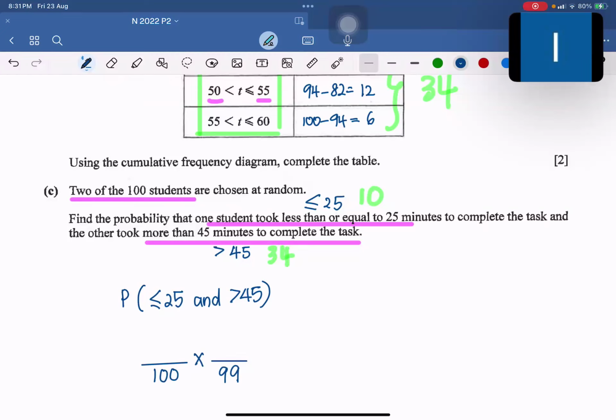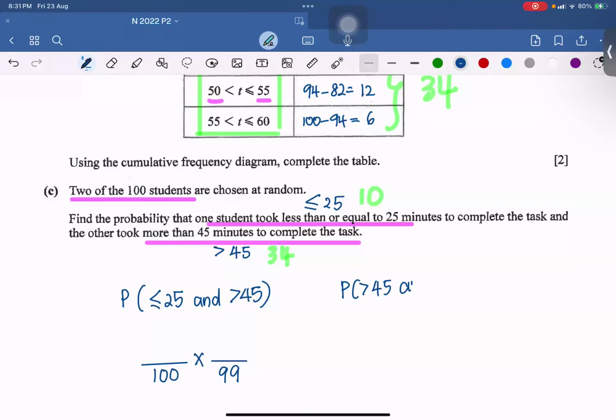One more possible position is more than 45 first and then less than or equal to 25. This is this case or the other case, so when we have 'or', we add.